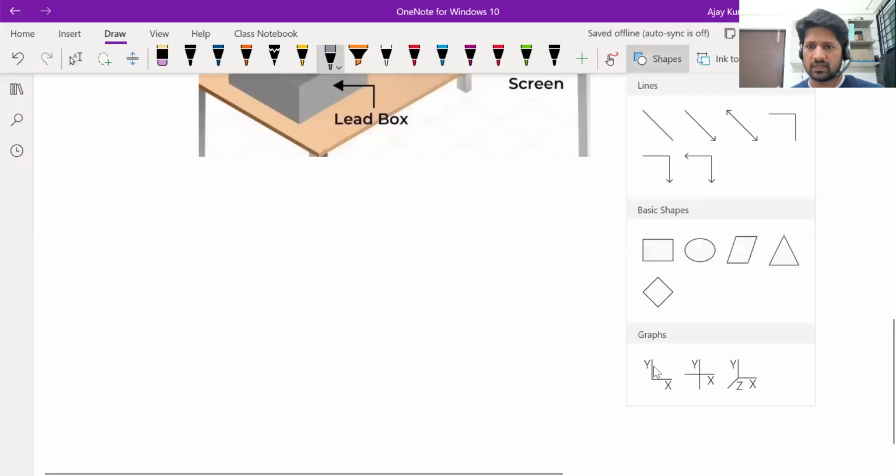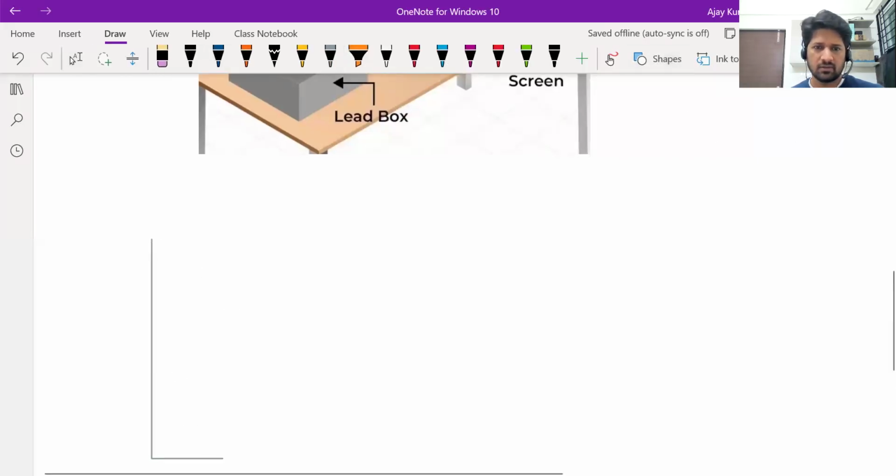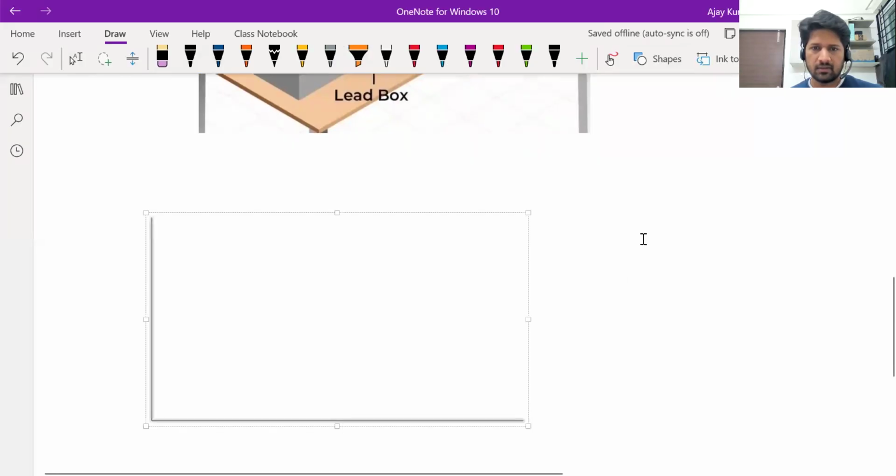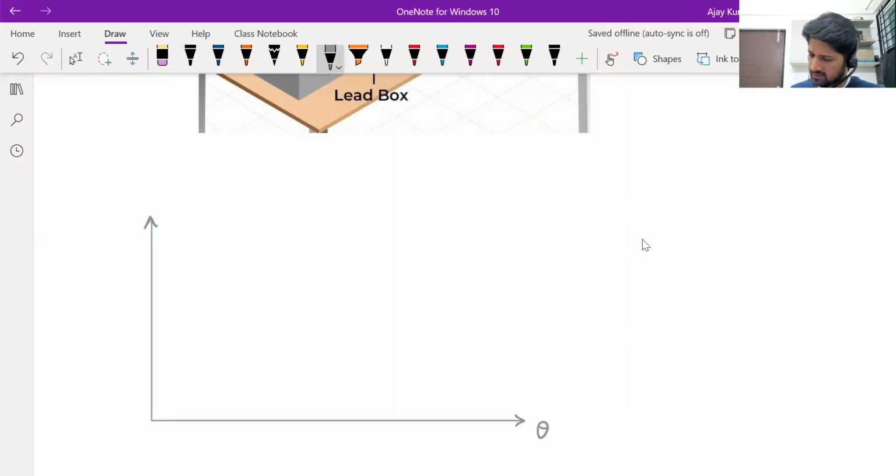So they even plotted a graph of the fraction of alpha particles versus the deviation that they suffer. On the x-axis, you take the deviation, and on the y-axis, the fraction of alpha particles.